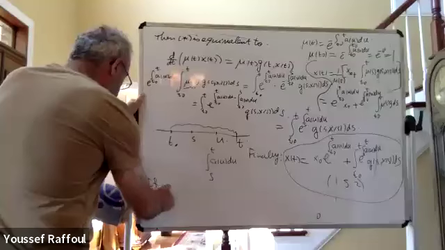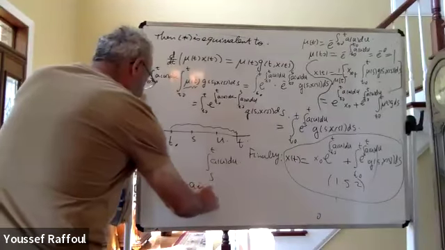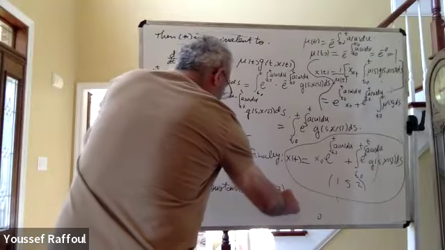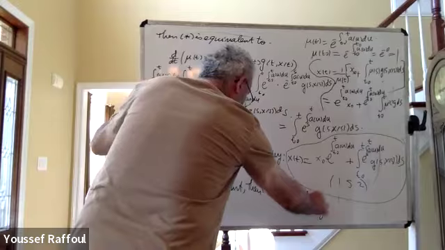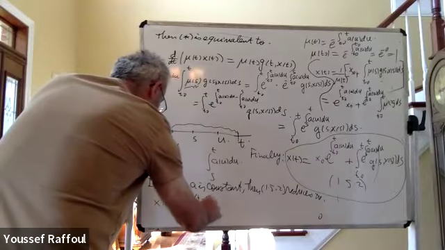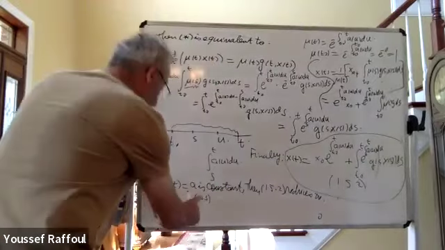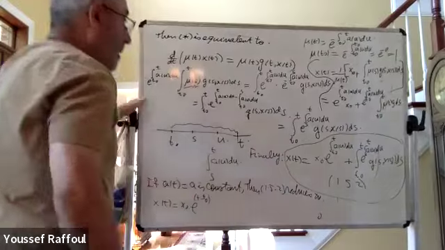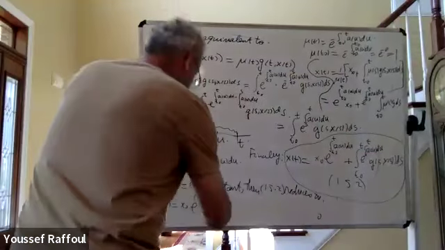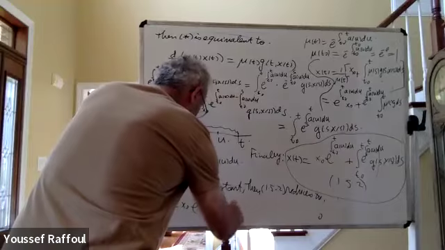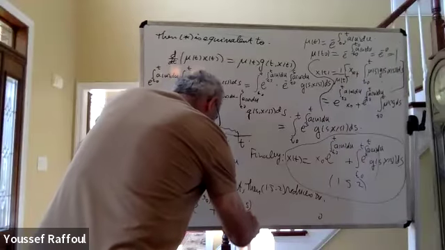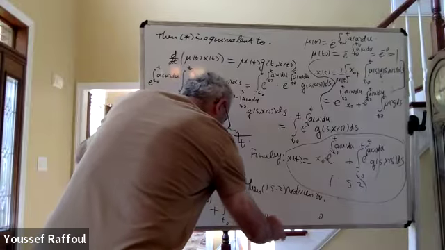Now, if a of t equal a is constant, there's no t, then 1.52 reduces to x of t equal x naught e to the a times t minus t naught, plus, you integrate it, from t naught to t, e to the a times t minus s, g of s x of s ds.